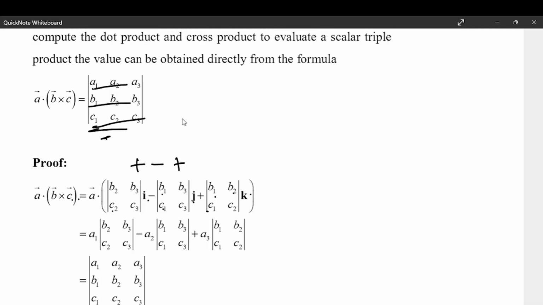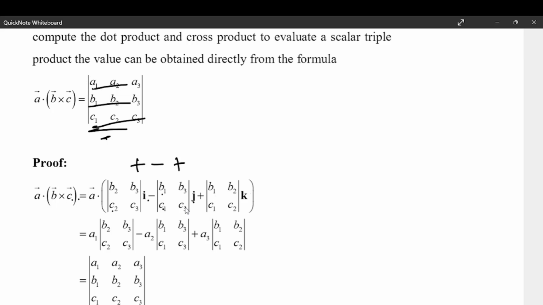From this one, when we tackle A1, it means we are deleting all entries in the row and column of A1 and maintaining this one. That's why we have B2, B3, C2, C3 for the first one. So when we target A2, we delete entries in the row of A2 and beneath it. So we are left with B1, B3, C1, C3 as usual.